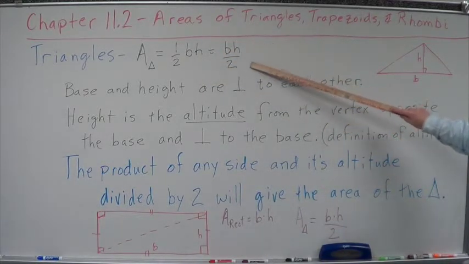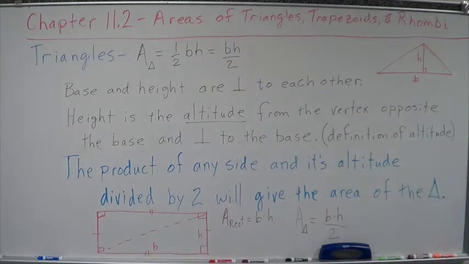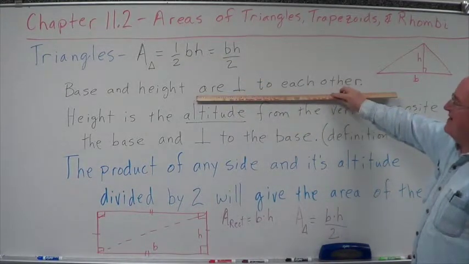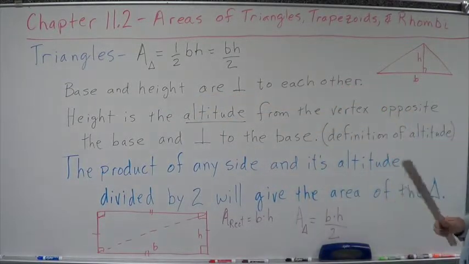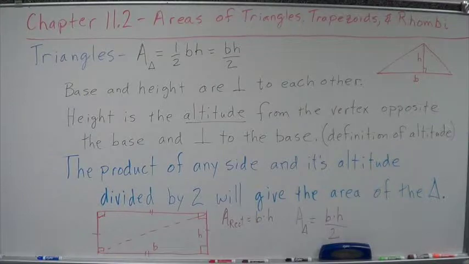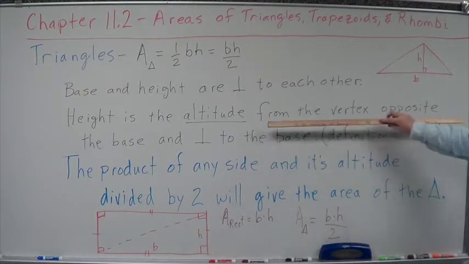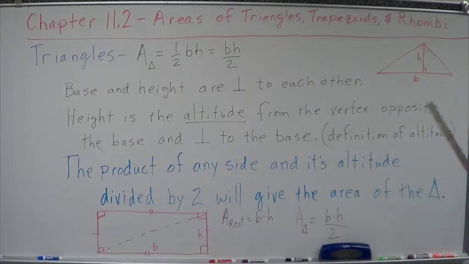Most of you, for some reason, will forget to do that and get those problems wrong. The height has to originate from the opposite vertex. It is the altitude of the base that you use. And then make sure you divide that product by 2.